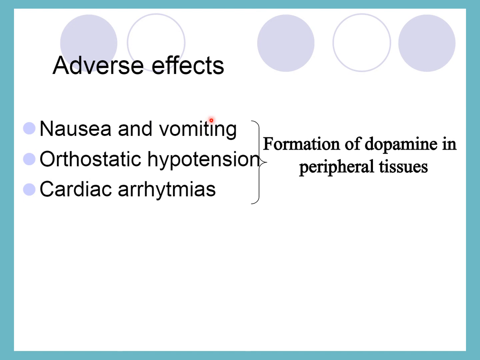If we give L-DOPA in some cases, we see dopaminergic and/or adrenergic receptors in the vasculature, so we could see hypotension there. And we do have adrenergic receptors in the heart. So if the dopamine is acting as a mimetic for epinephrine and norepinephrine, we could see arrhythmias.